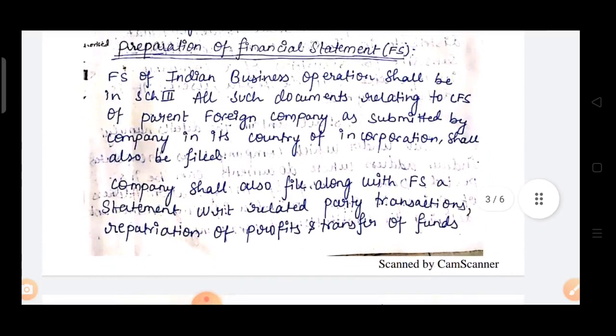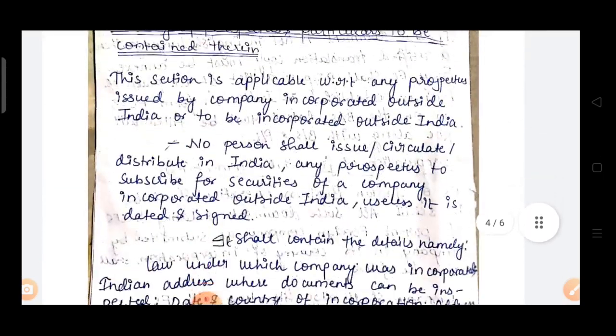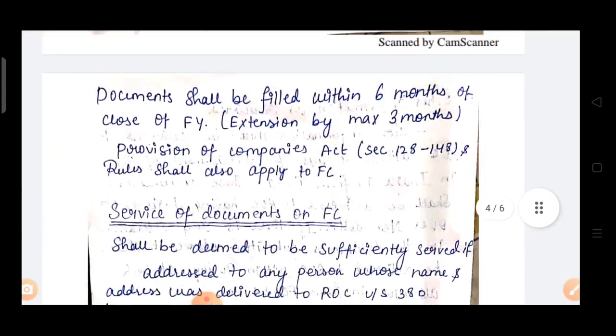Financial statements are prepared, then the documents need to be delivered to the ROC. All documents submitted in the country of incorporation need to be submitted to the ROC, within 6 months, and an additional 3 months is given.